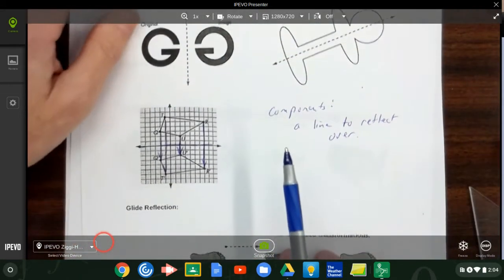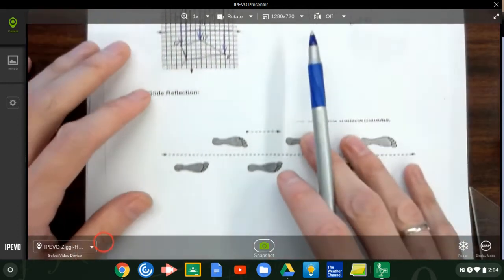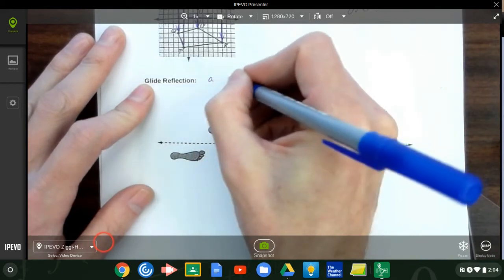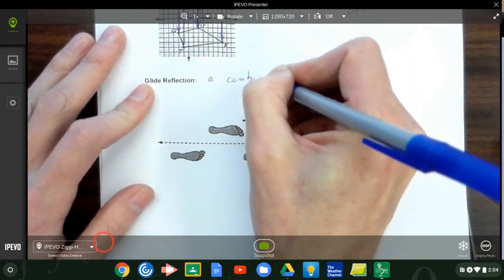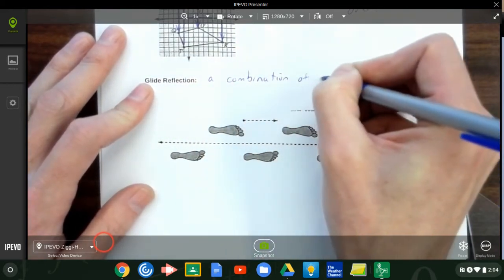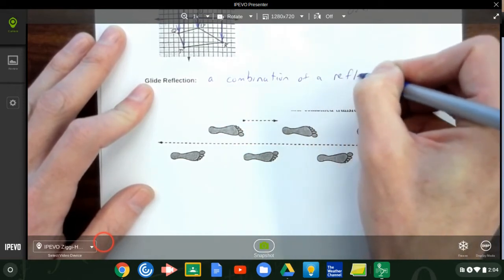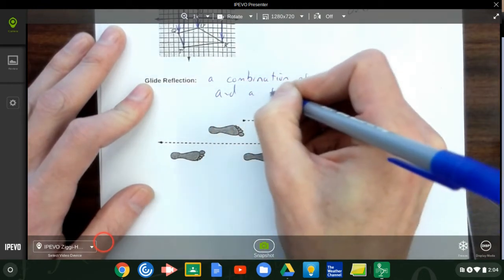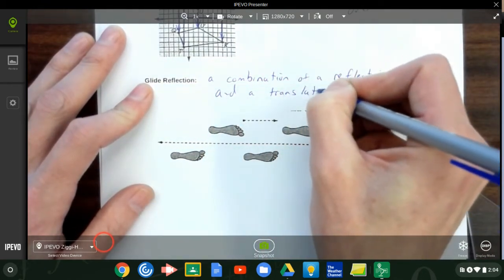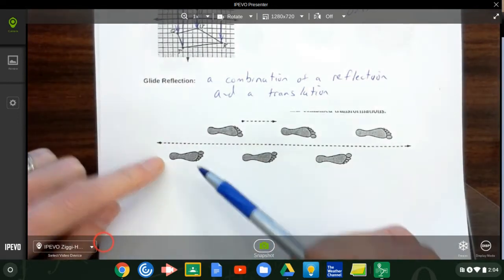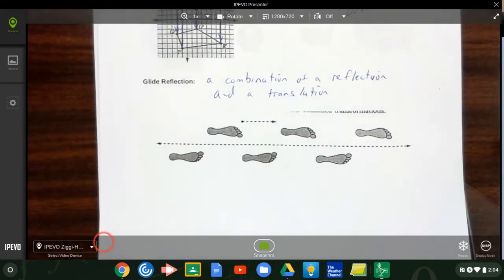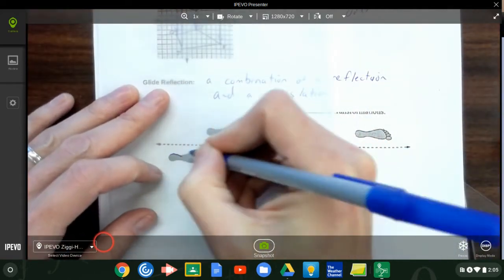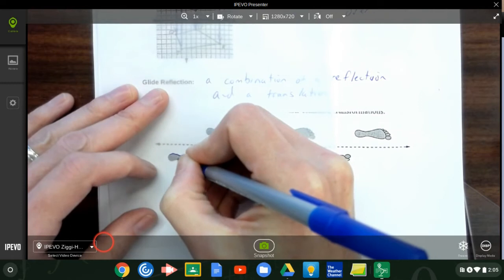We can also combine these. If I combine a reflection and a translation, we get what's called a glide reflection. So this is a combination of a reflection and a translation. So if we look at the foot, if I were to take my piece of paper here and I'm going to copy this foot, there's one.